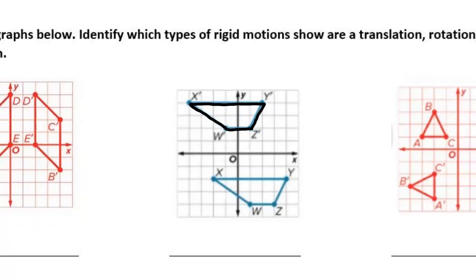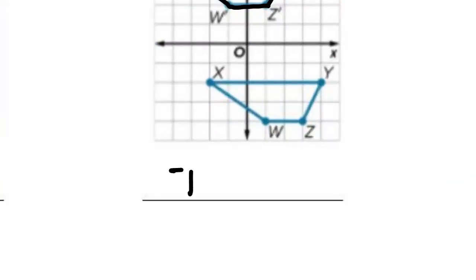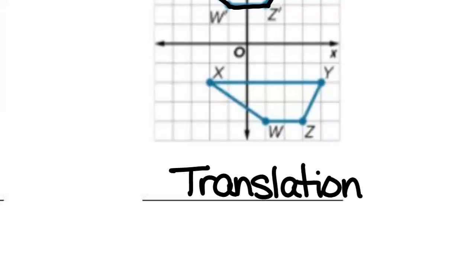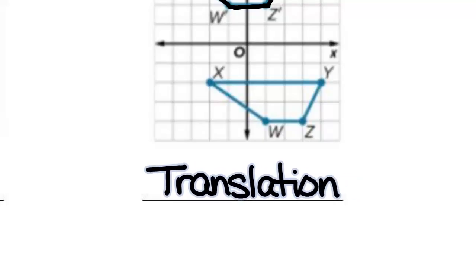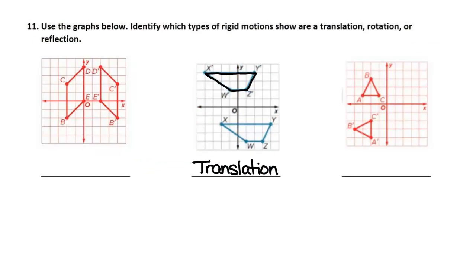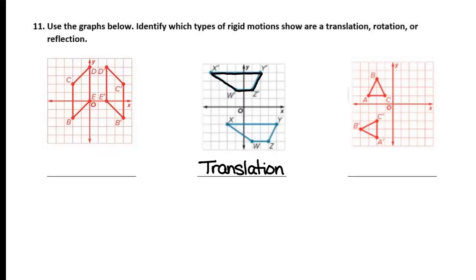So this one here is a translation. This first one, does that look like a mirror image or does that look like a rotation? Mirror image. A mirror image would be a reflection.